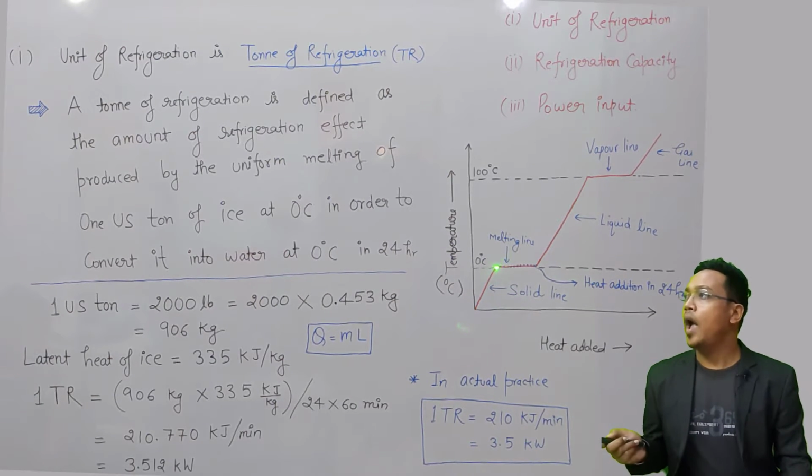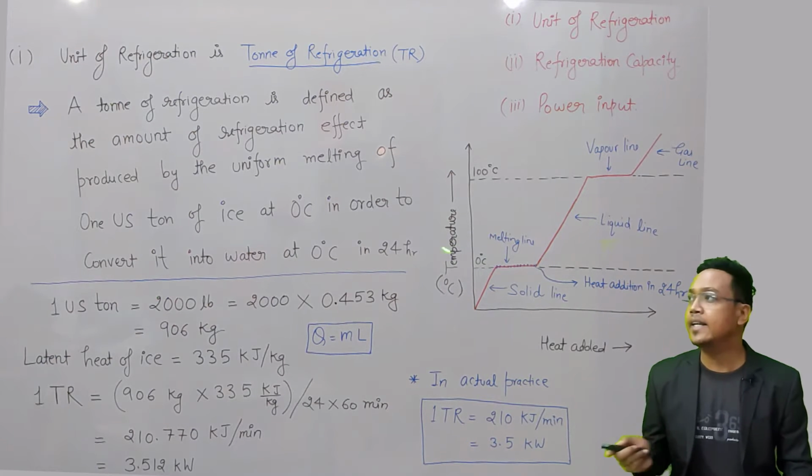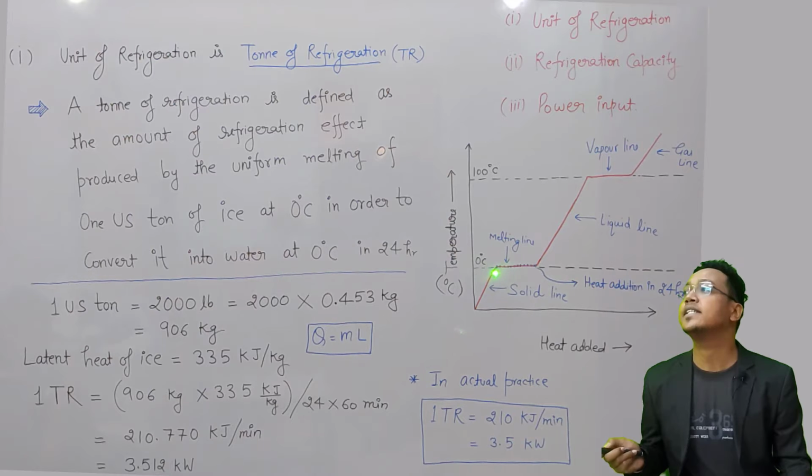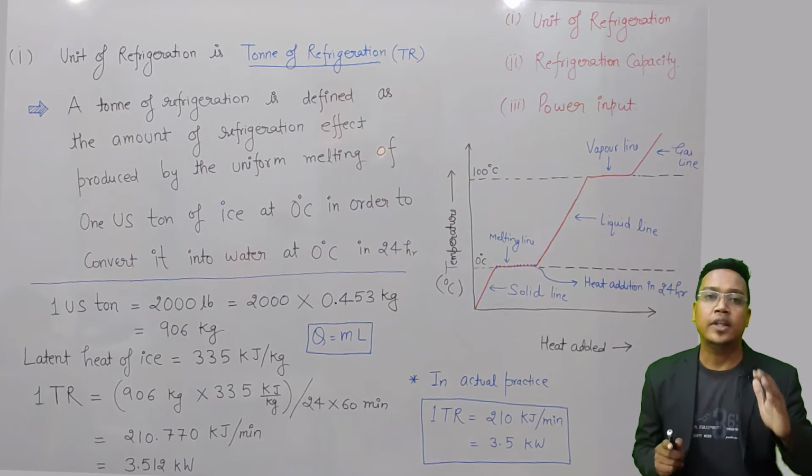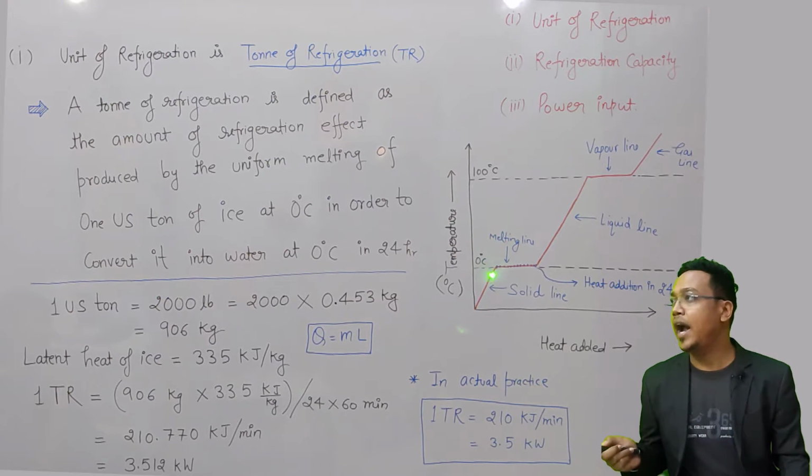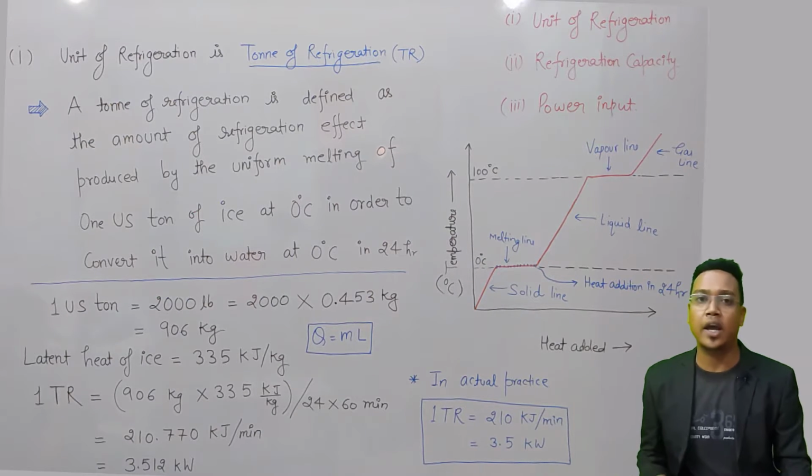Now at 0 degree, water is in solid state and it is at ice state. Now this ice will melt at 0 degrees Celsius. This is melting line.